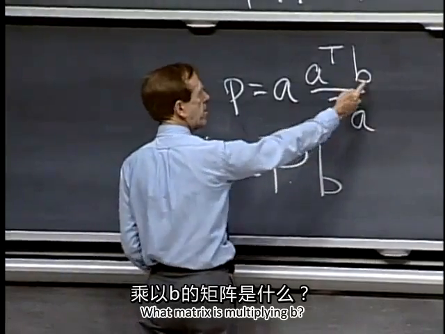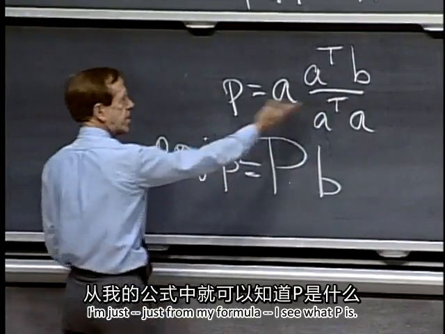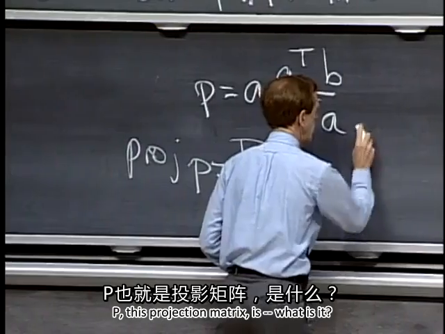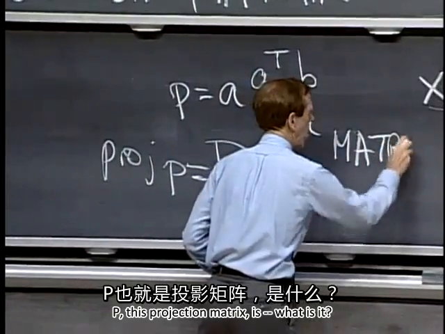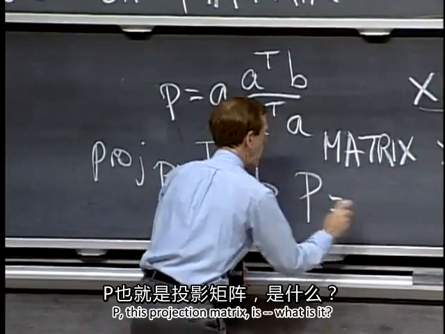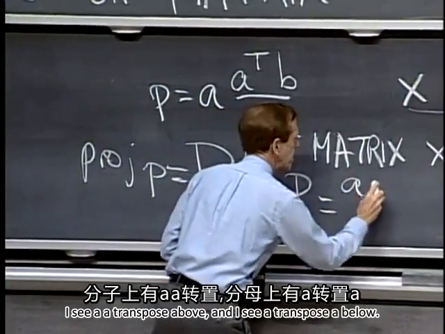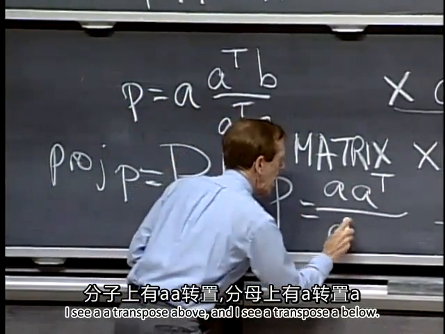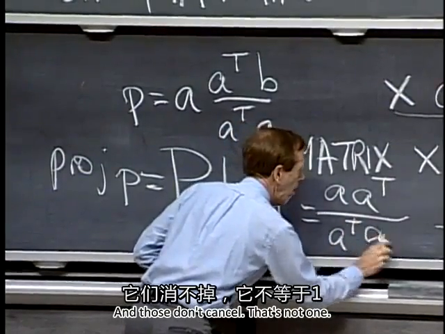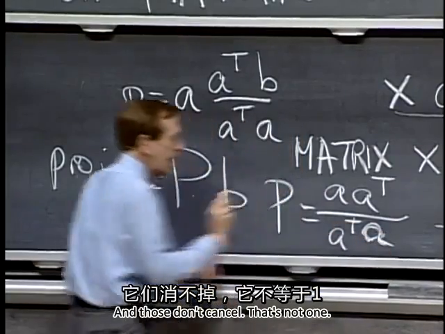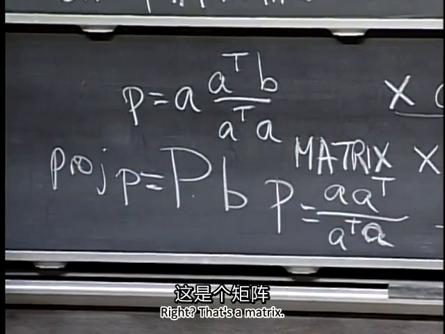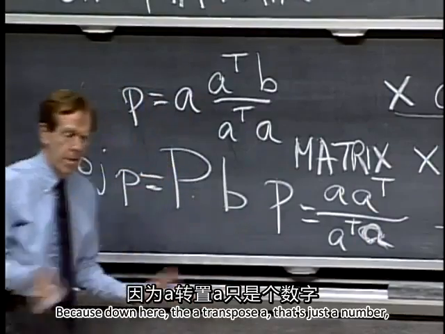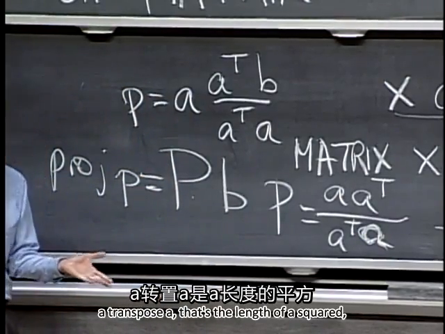What matrix is multiplying B? Just from my formula, I see what P is. P, this projection matrix, is, what is it? I see A transpose above, and I see A transpose A below. And those don't cancel. That's not 1, right? That's a matrix, because down here, the A transpose A, that's just a number. A transpose A, that's the length of A squared.